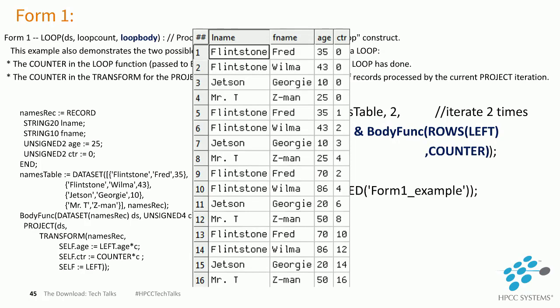And then for the next records, we've got the 5, 6, 7, 8. 5 times 2 is 10, 6 times 2 is 12, because now we have 8 records. The first iteration, we only passed 4 records, but now we have 8 records in the second loop. So this is interesting, and the ages get accumulated accordingly inside of the body function. And this is just form number 1, using a loop count with a loop body.